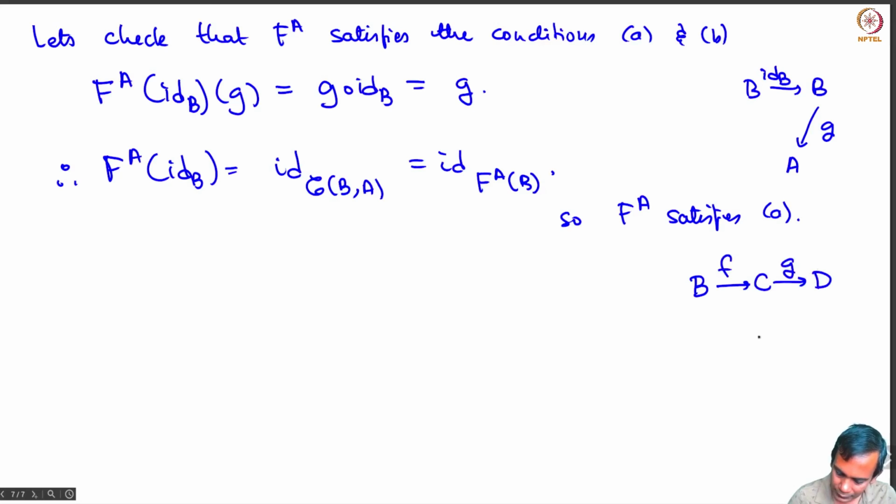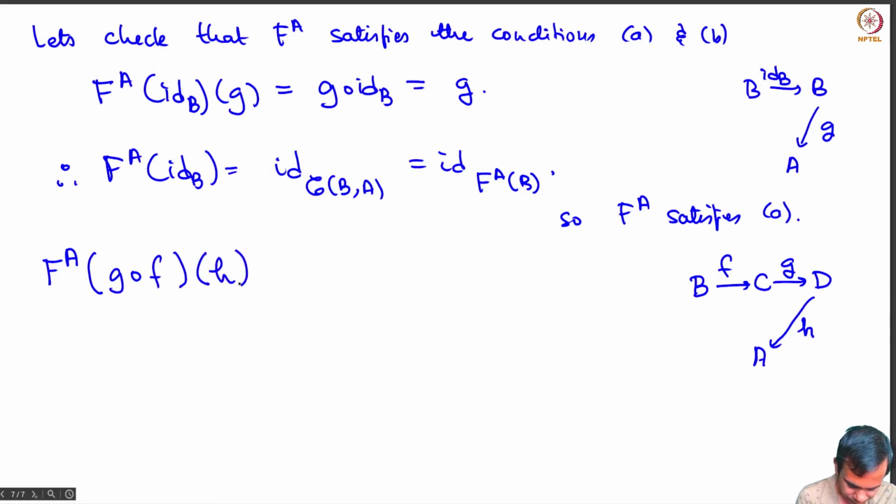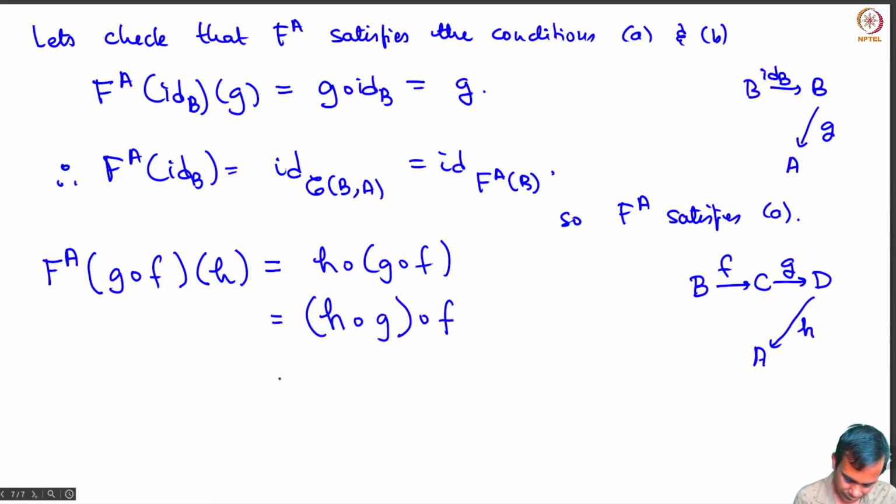Let's call them F and G, and now we have H from D to A. So let's look at what is F^A of G circle F evaluated at H. Well, this is by definition H circle G circle F. But by associativity of composition, I can write this as H circle G circle F. That is F^A of F applied to H circle G.